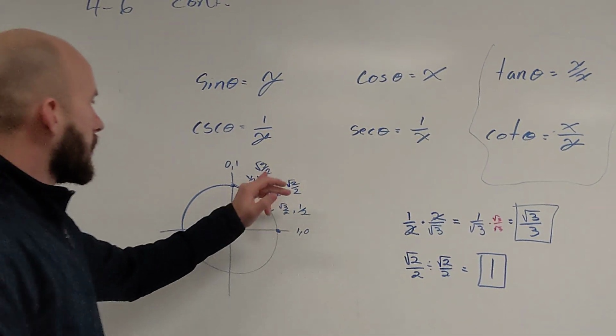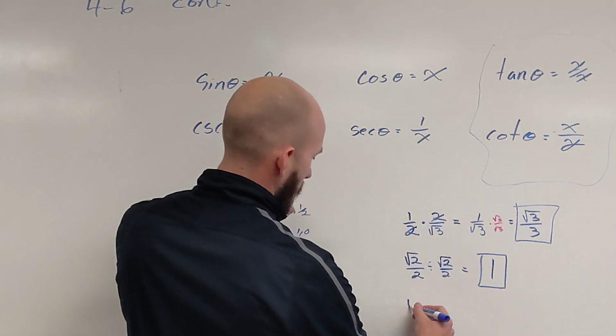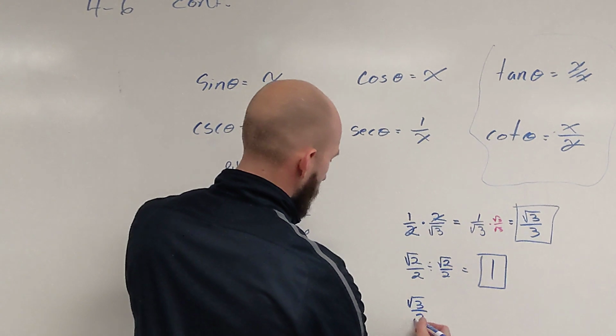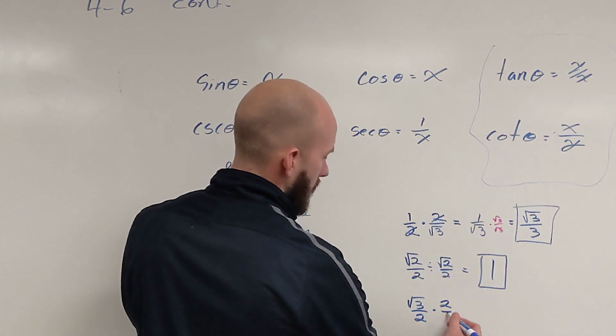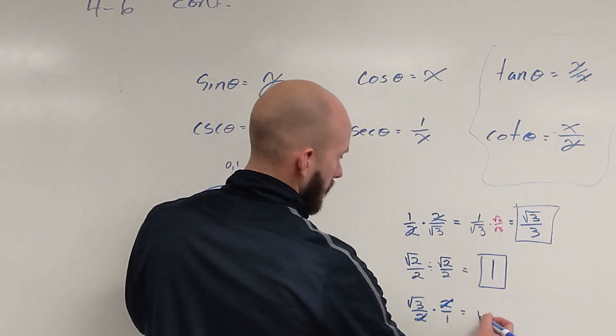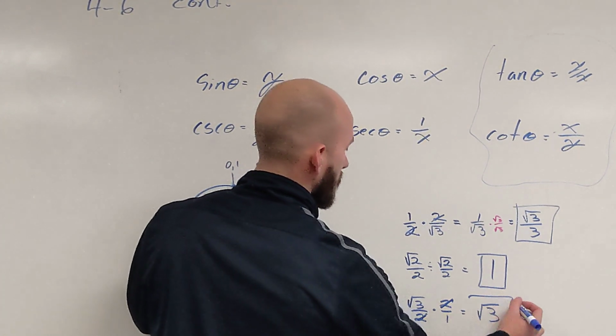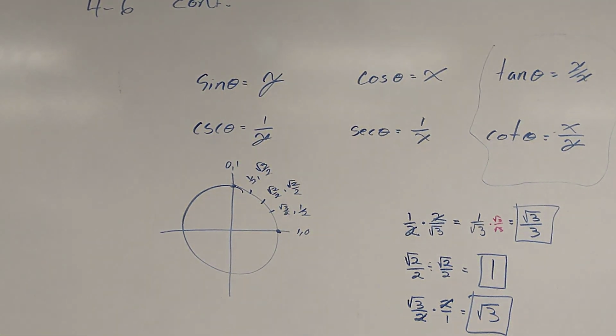And then for the last one here, again, I'm doing y divided by x. So square root of 3 over 2 divided by a half. I'm going to multiply by the reciprocal. And I get just square root of 3.